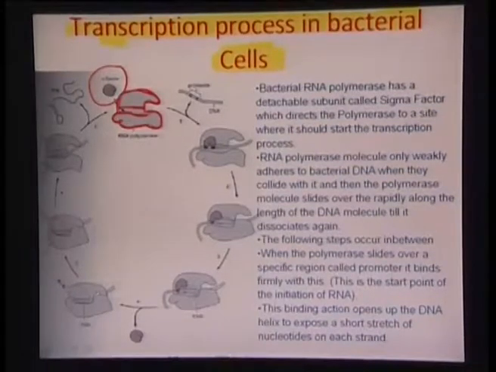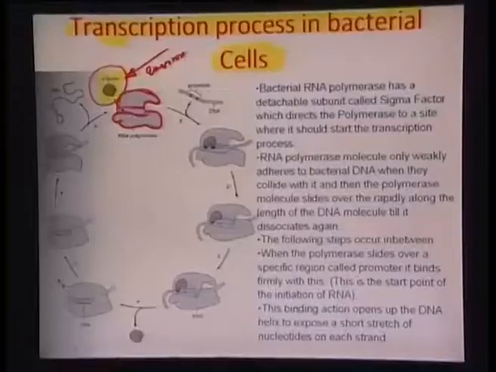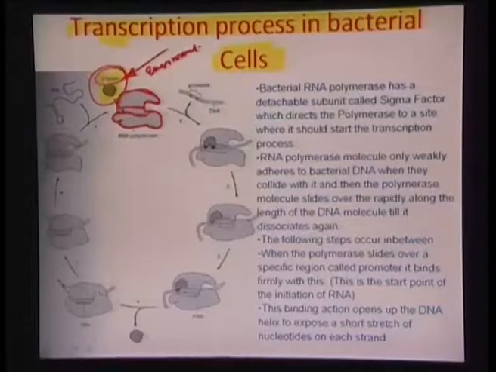There is a chemical signal which would come to this particular RNA polymerase enzyme, which would tell about where exactly on the DNA you should be able to bite, so that you can start producing the messenger RNA. Okay. So this chemical signal is also a function of the environment. It is called sigma factor. Technically this is the name that is given to this chemical signal.